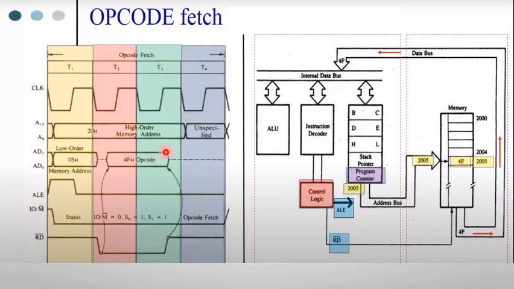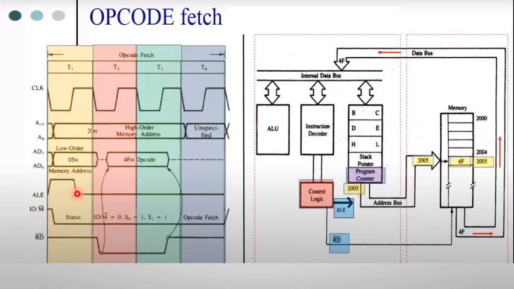After reading this opcode, the RD bar signal goes high during the T4 clock cycle. In T4, the address is obtained and the opcode is read, so next, the duty of the microprocessor is to decode this opcode. So the decoding operation is performed during the T4 cycle, right?